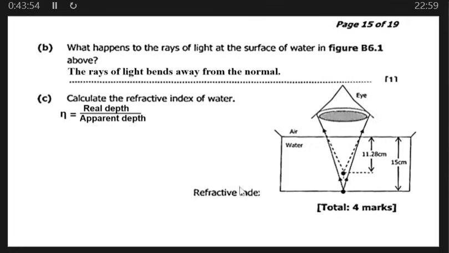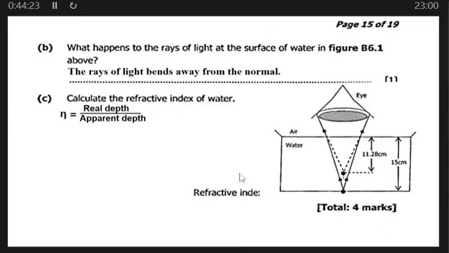The real depth is the distance from the surface of the water to where the real coin is, and the apparent depth is the distance from where the coin appears to be, when observed by the eye, to the surface of the water, which is actually 11.